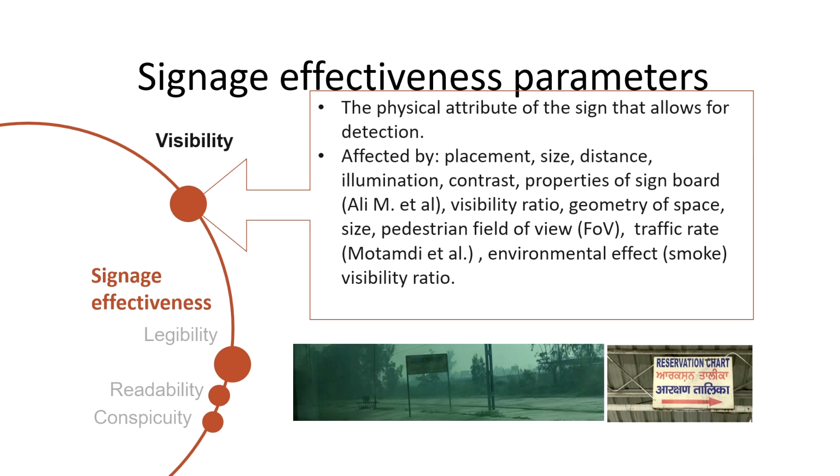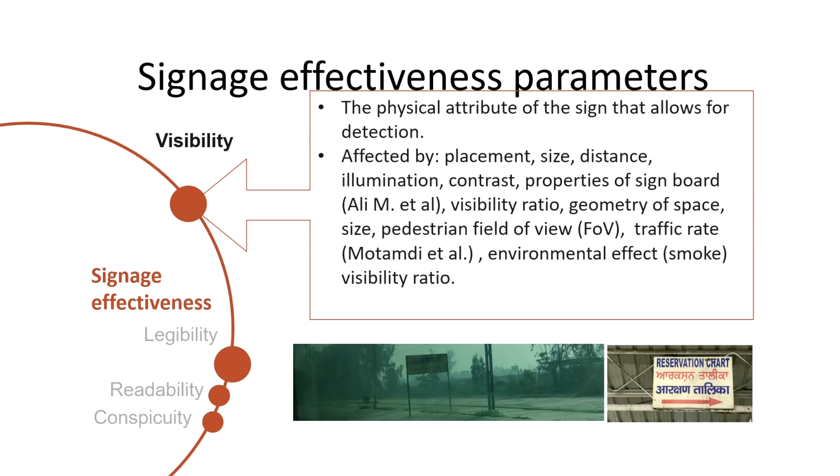Smoke, fog, or any other atmospheric factors can make the signage unclear, making it less effective at conveying its message. Despite these challenges, a well-designed and strategically placed sign can still stand out and effectively communicate its intended message.